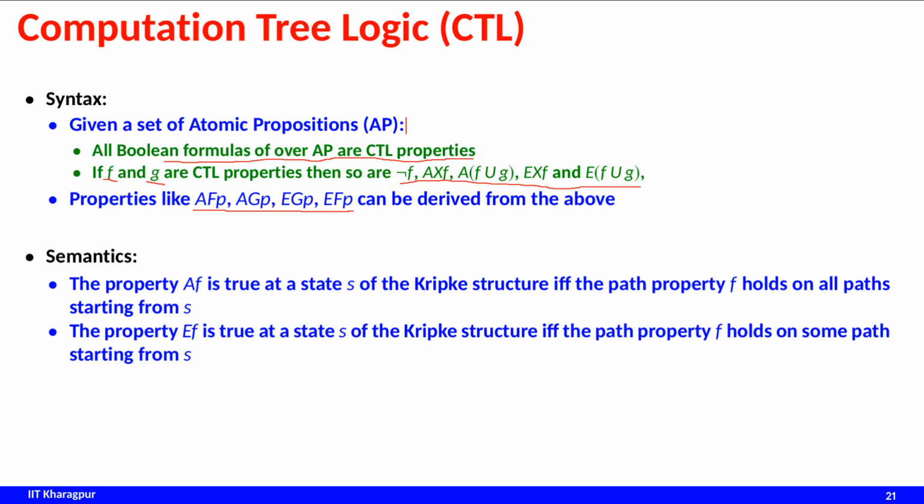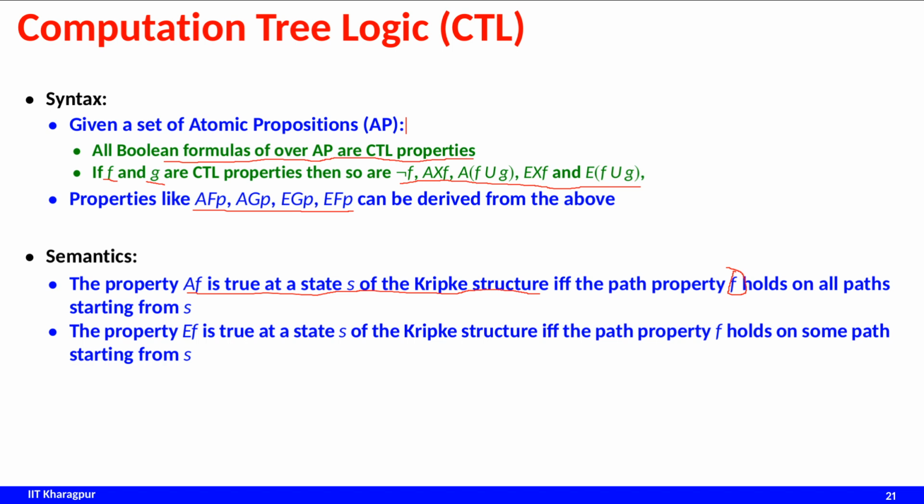Now, when I write some formula, something like AXF, what does it actually mean? The semantics is as follows. The property AF is true at a state S of the Kripke structure if and only if the path property F holds on all paths starting from S. When I specify any formula, I have to say from which state, and by default it is interpreted that the property should hold from the start state.